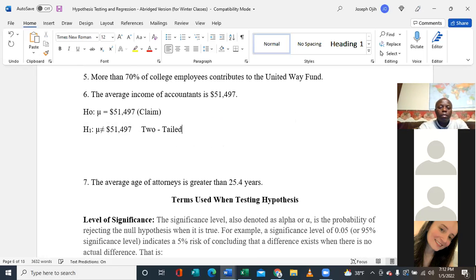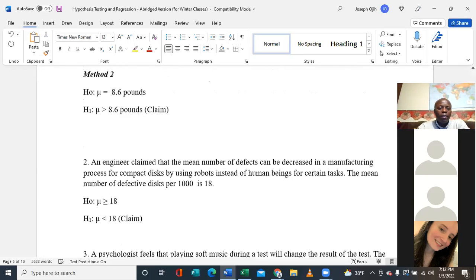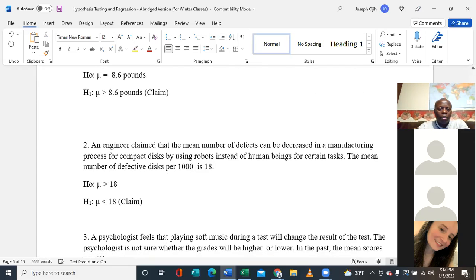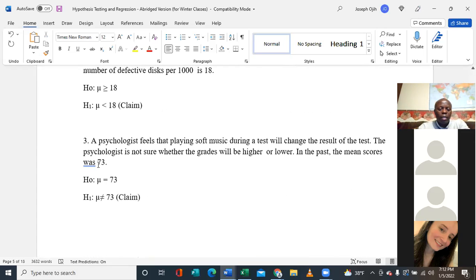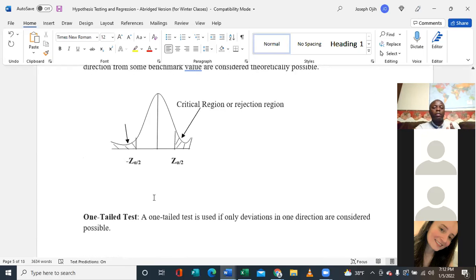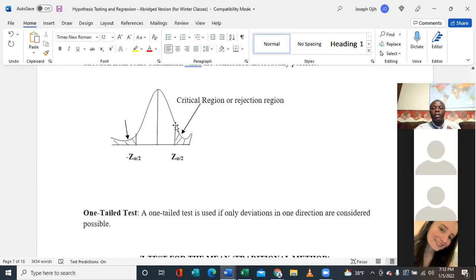There's another example that is a two-tailed test, the one for the psychologists. Because you have equal and not equal, you call it a two-tailed test. Again, we call it a two-tailed test because it has two tails, the left tail and the right tail.